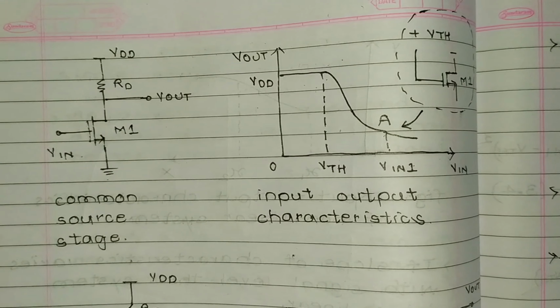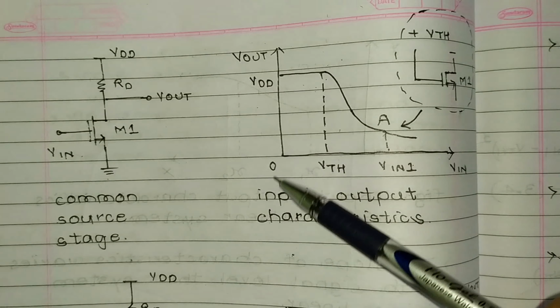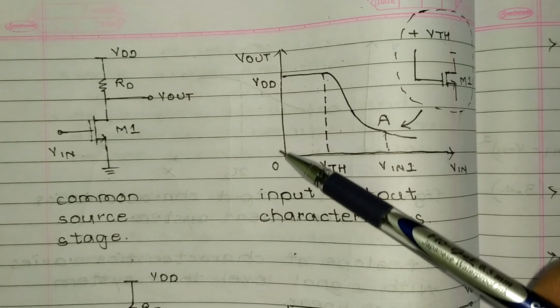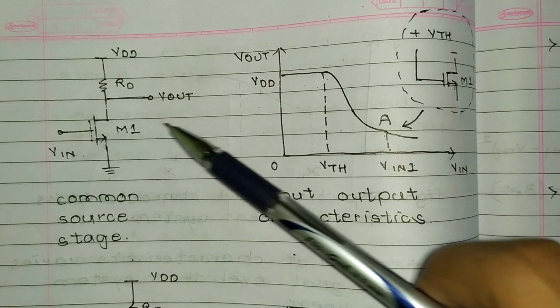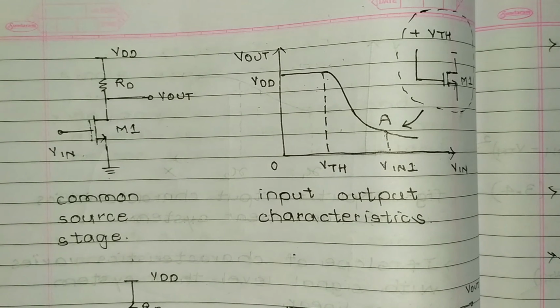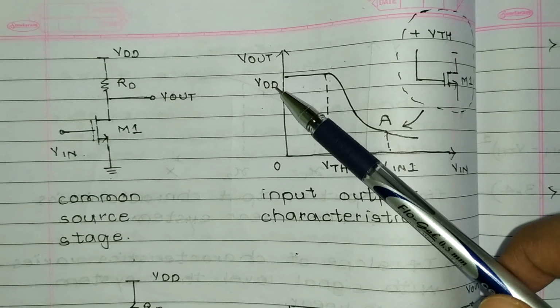We will check this condition on the graph. So when Vin is 0, M1 is off and Vout is equal to VDD.